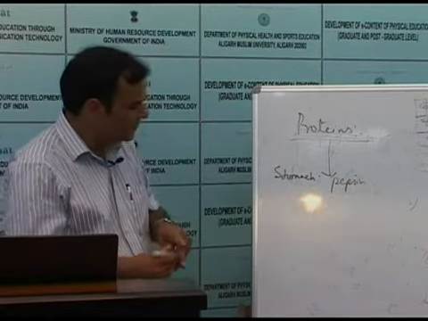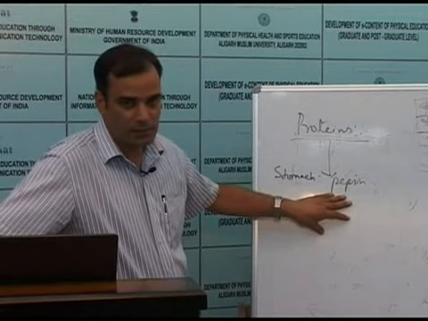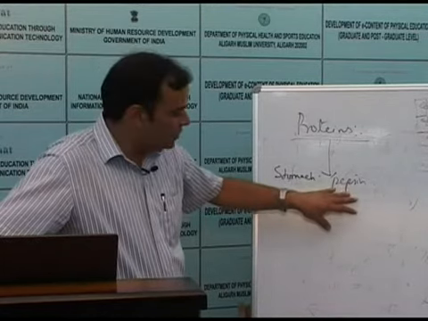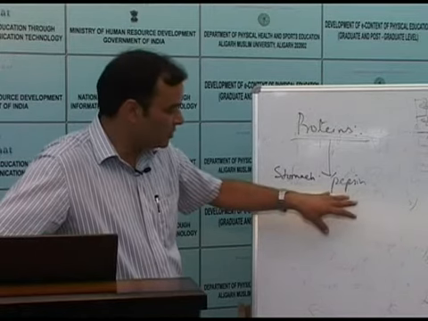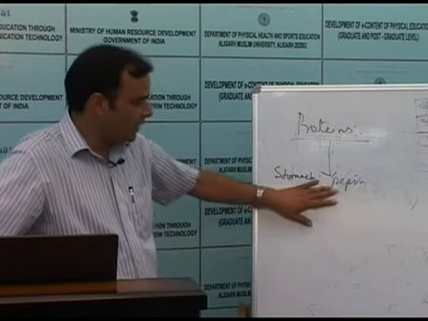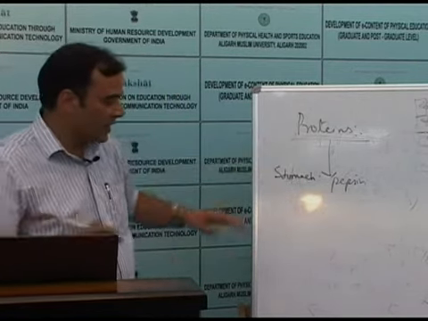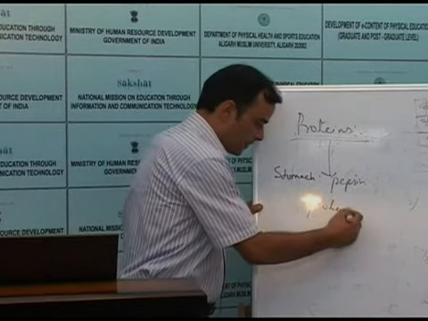When pepsin is secreted from the stomach, it is in an inactive form called pepsinogen. Now the acid also secreted by the stomach helps in the activation of this pepsinogen into pepsin. Once the pepsin is activated, it digests the proteins and converts them into proteoses and peptones.